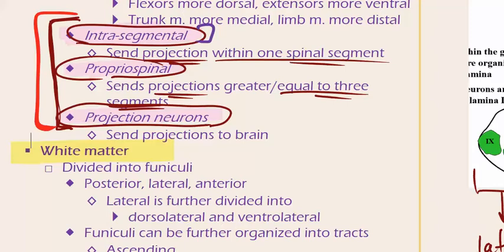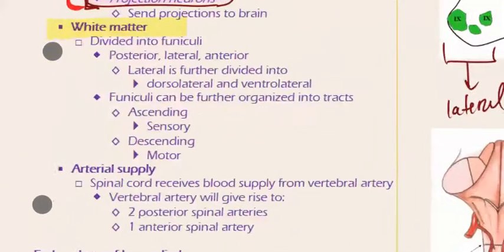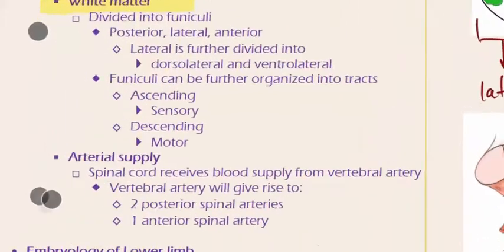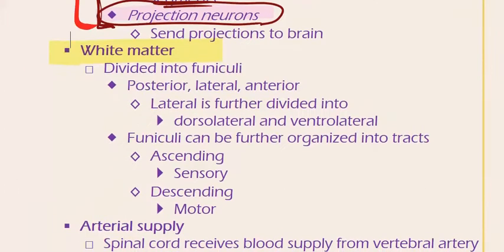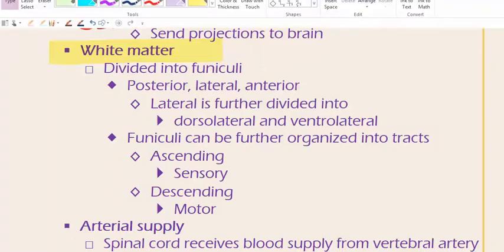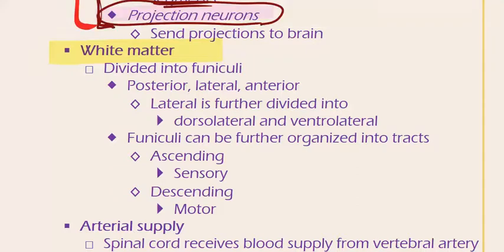Okay, so then the white matter we divided up into funiculi. Gray matter is divided into what? Rexed lamina. White matter is divided into funiculi. Wait, you said gray matter is divided into funiculi?